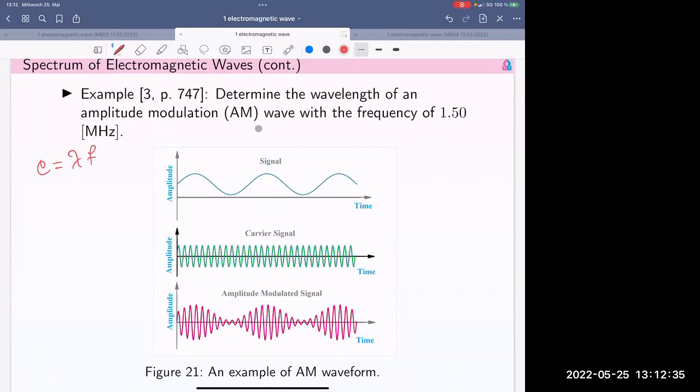If you go to the electrical engineering department in the future, there is a branch of electrical engineering called communication engineering, and amplitude modulation is a kind of modulation.